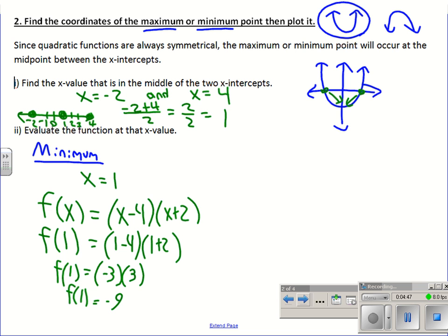So the minimum point is going to occur at (1, negative 9). So we found the x value of the minimum point, and we evaluated the function at that value to figure out the function value, the y value. We got the point (1, negative 9). Any questions about that?